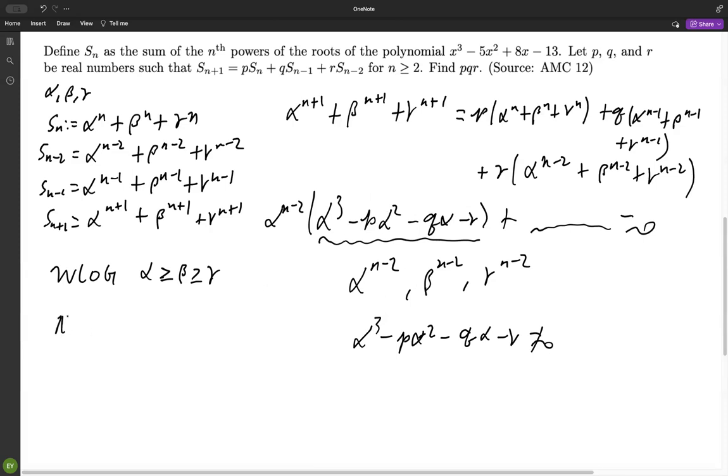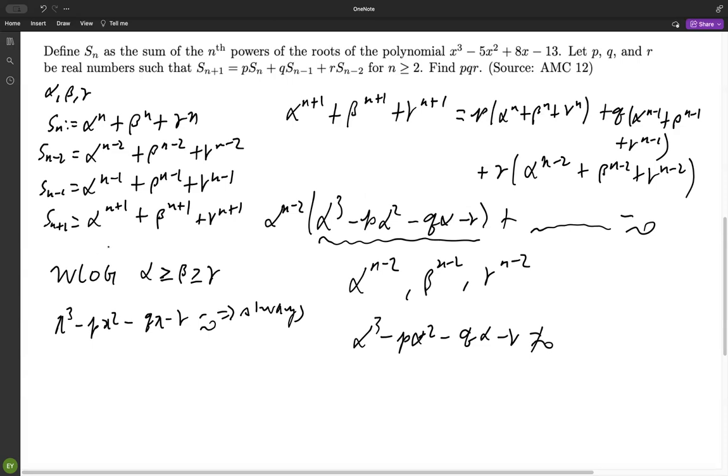So let's say that x cubed minus px squared minus qx minus r is always equal to 0. Let's say that this is true, just to make a system of something. That means no matter what value we put in for n, it doesn't affect the fact that our left-hand side is equal to 0.